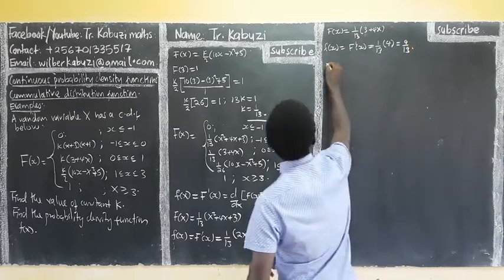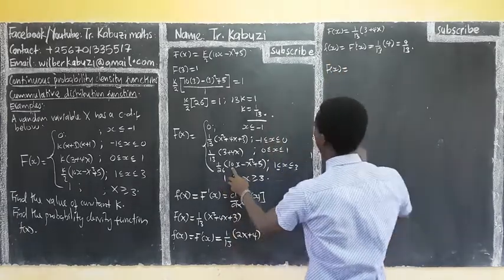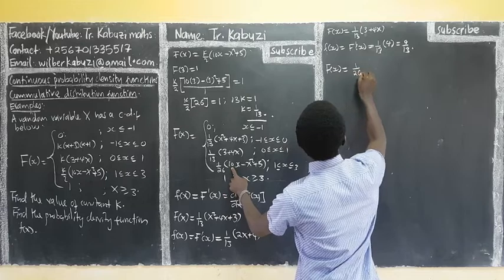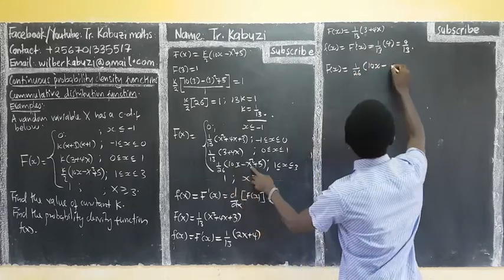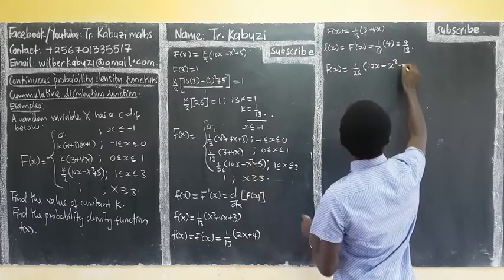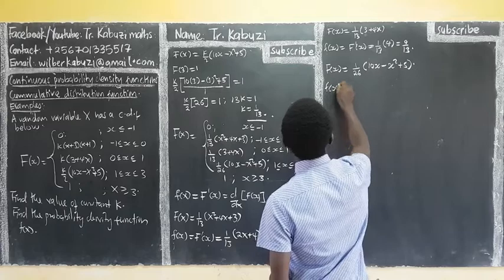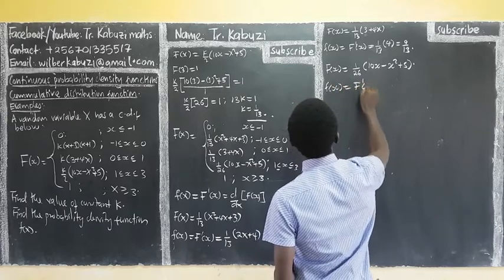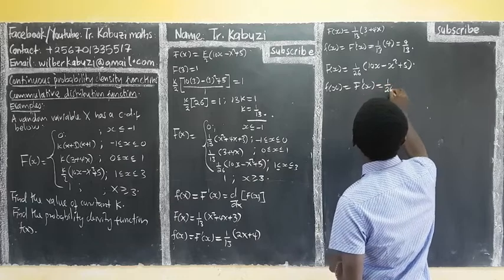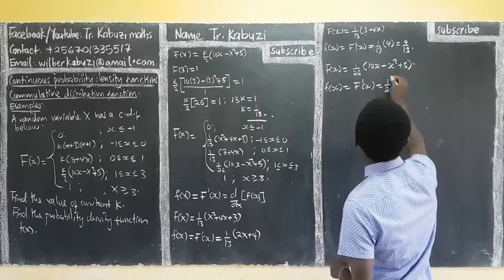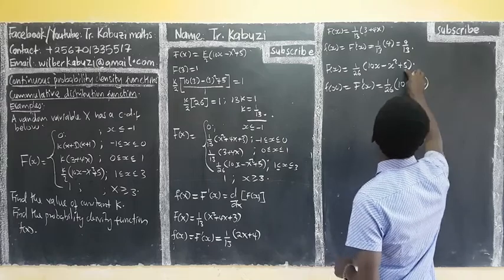Then my last capital F of x is equal to 1 over 26 into 10x minus x squared plus 5. When I differentiate this, it will be 1 over 26 into 10 minus 2x, and differentiate the constant we get a 0.